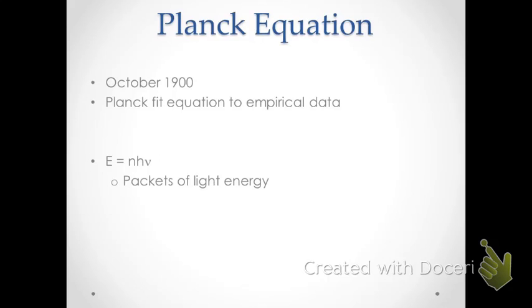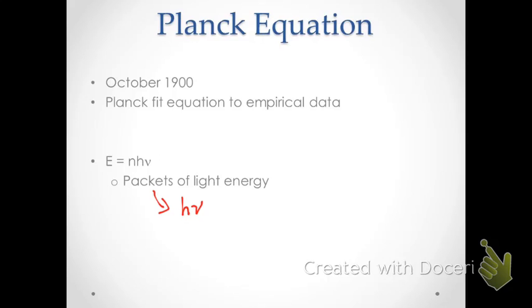So the fact that n was a whole number seems to indicate that there are these packets of energy, and each packet has energy equal to h nu, and so when n is equal to 1, you have 1 packet, n is equal to 2, you have 2 packets, etc. So we've got this idea that we've got packets of light energy.